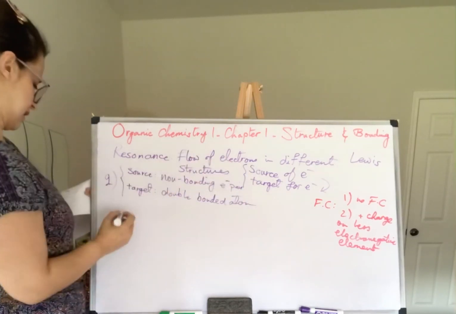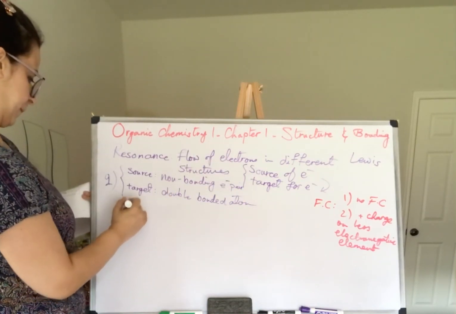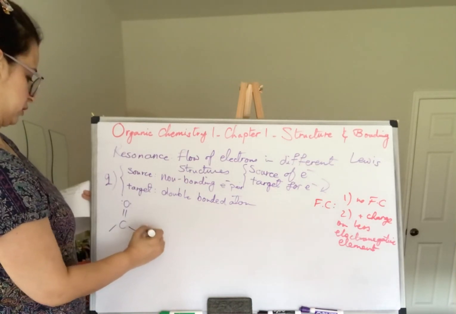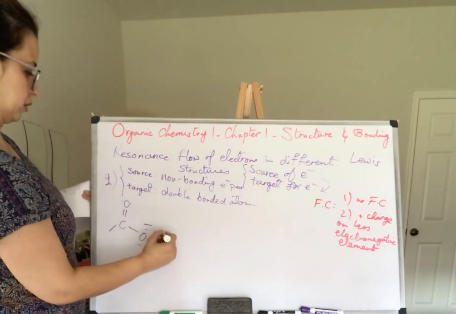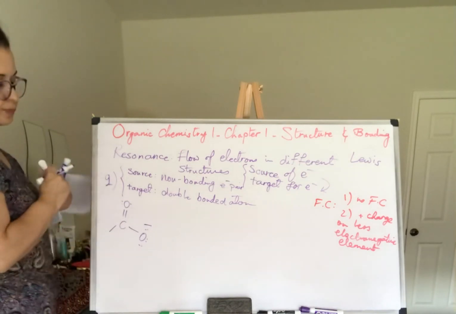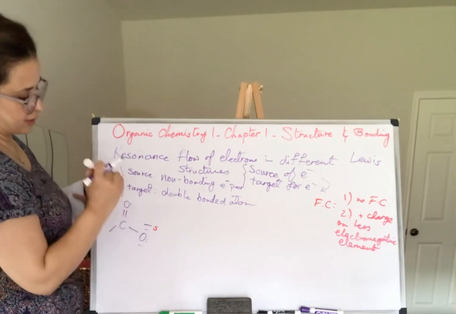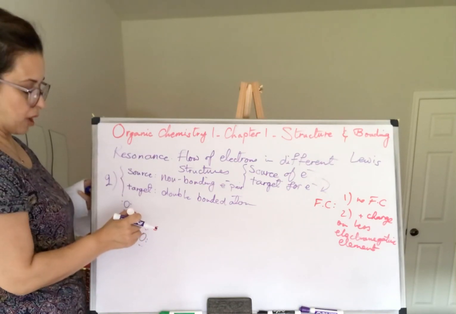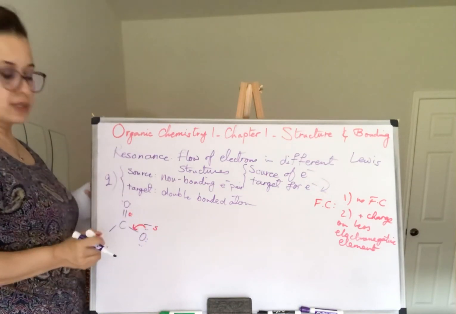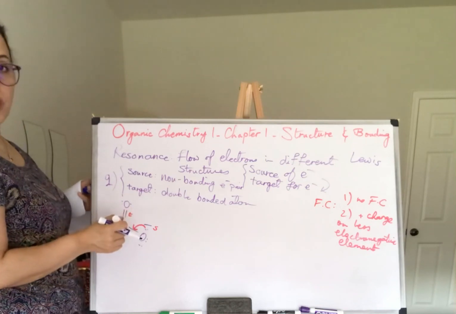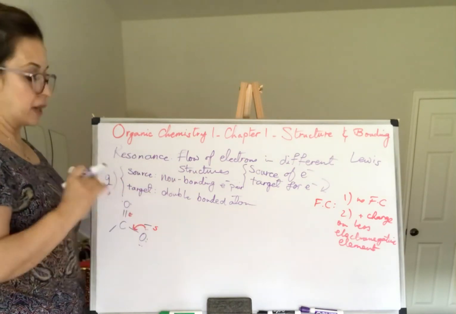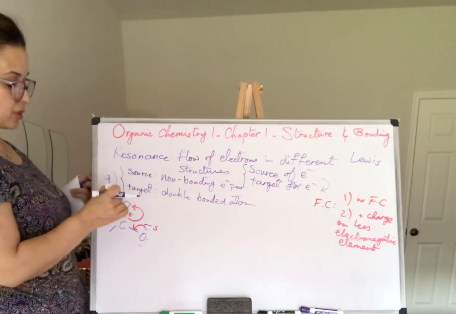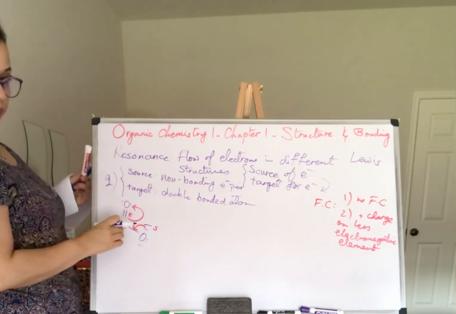Like what? Like we have this. So source is this, target is this. Electrons move from source to this bond. They do not jump too much, right? And then this double bond opens to keep the octet complete on this carbon.